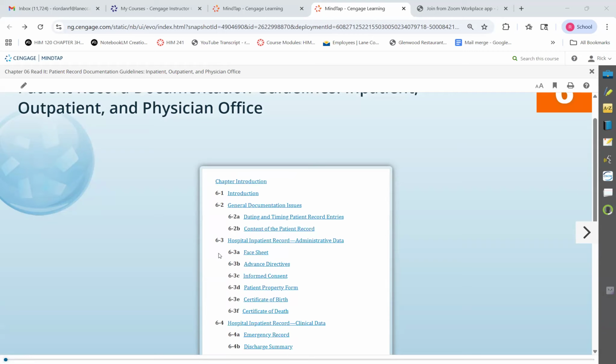You'll hear about things like face sheet, advanced directives, informed consent, discharge summary. And it's important to be familiar with what these documents are and what they do so you can understand where to find information, which is critical to code a hospitalization or surgery or what have you.